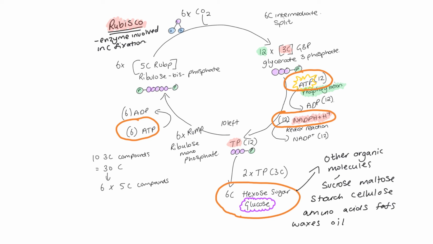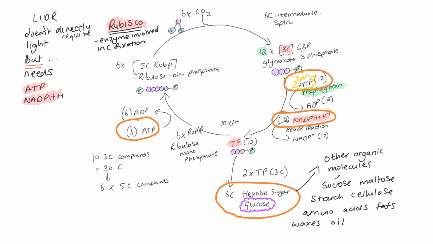It's pretty cool. So the light-independent stage doesn't directly require light, but it does need light, because in the absence of light, there will be no reduced NADP. There will be no ATP. And without those two things, you are unable to move from this second stage, from this G3P stage.